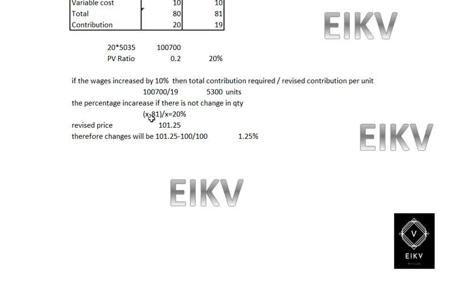When we simplify this formula, we get the revised selling price as 101.25. The change in percentage is 101.25 minus 100, divided by 100, so the change is 1.25%. So in order to arrive at the present profit, the firm needs to revise its selling price to 101.25 without changing the quantity.